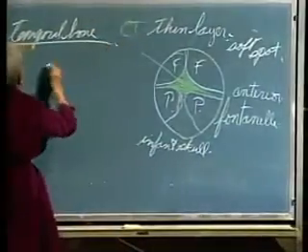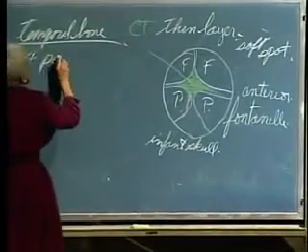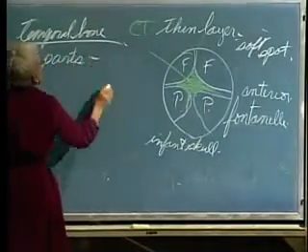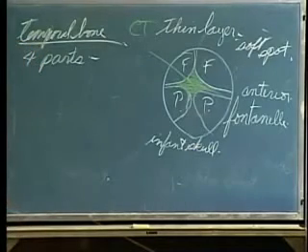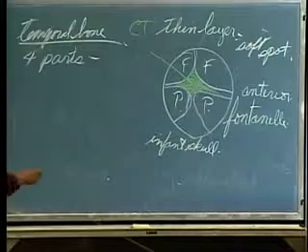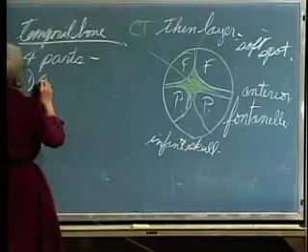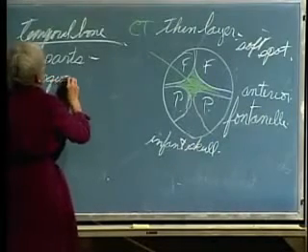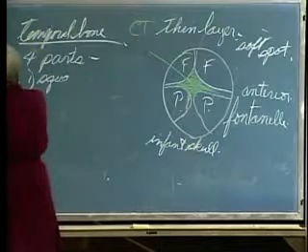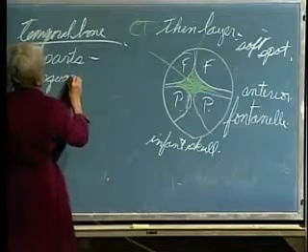The temporal bone has 4 parts. The first part is called the squamous portion of the temporal bone. Squamous. Excuse me, what does squamous mean?